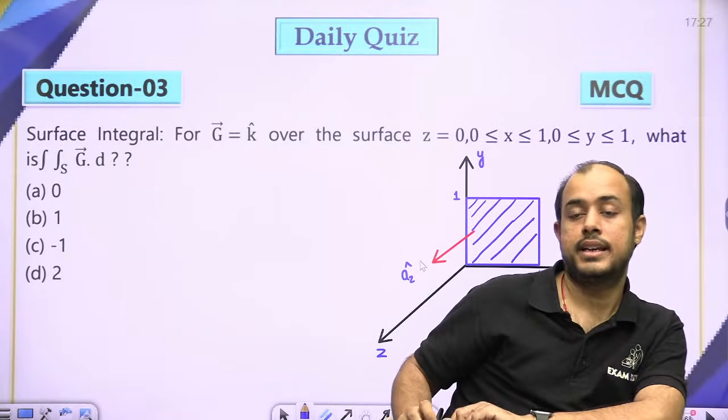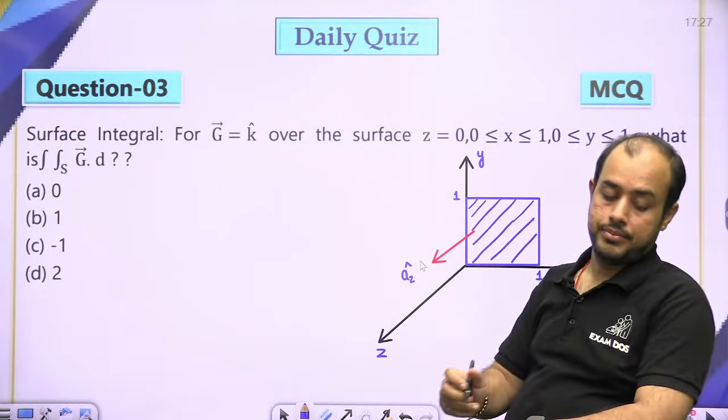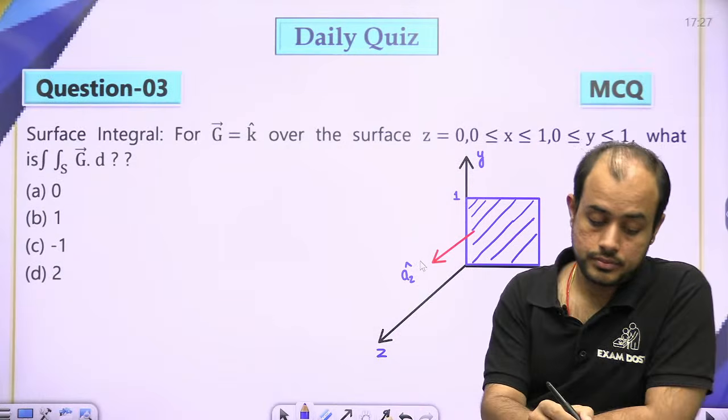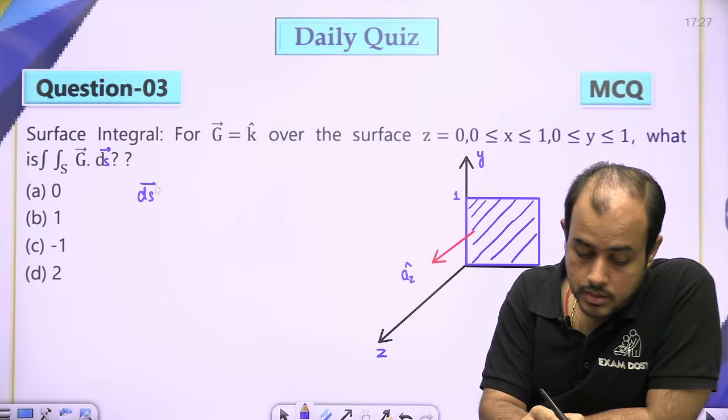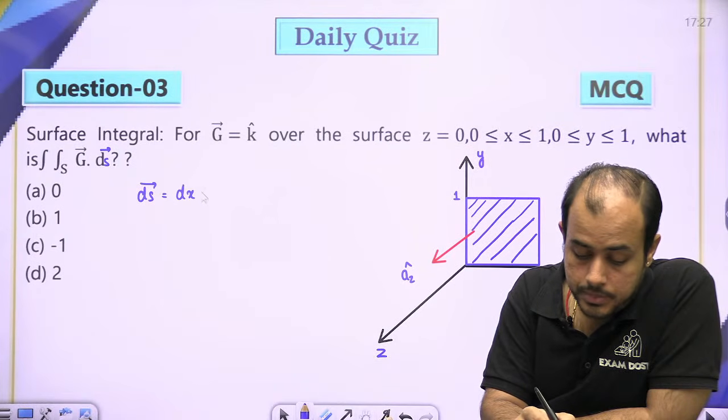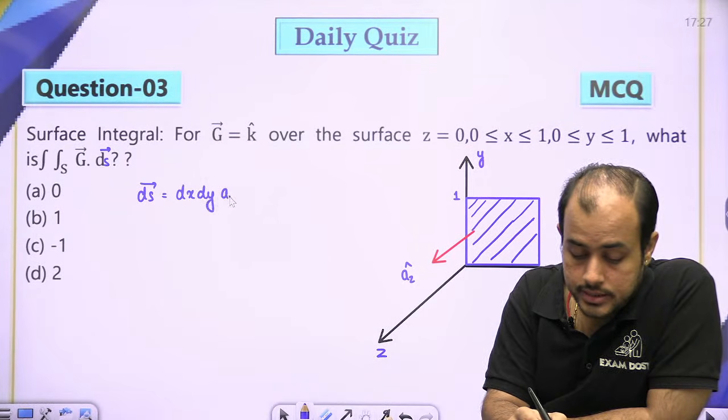So the normal is az cap. Okay. For az cap, the area vector is this.